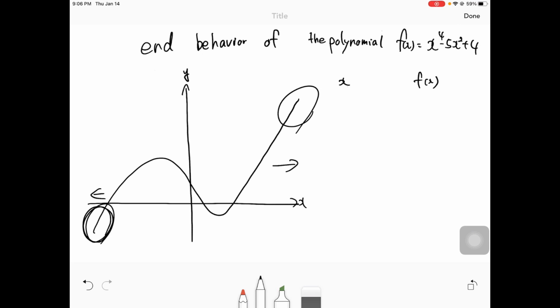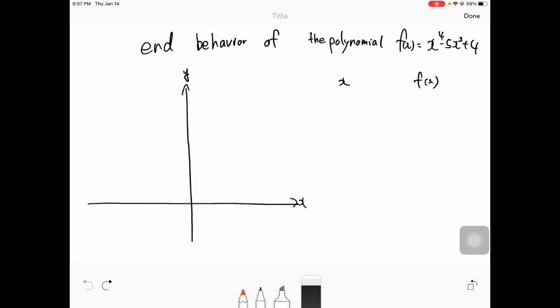When the graph goes right, it might rise, it might fall, or it might have a constant number. So you need to find out how the end is going to be. This is the end behavior of the polynomial. So let's find it.